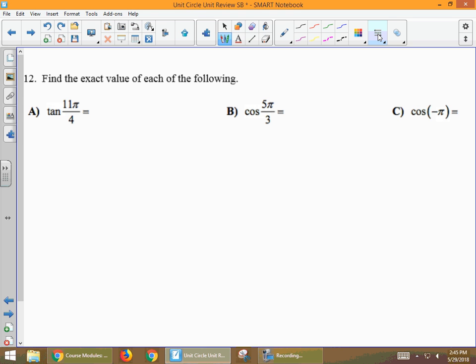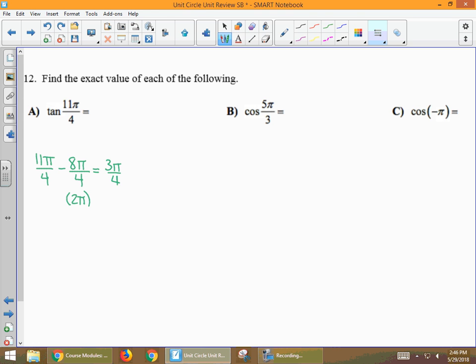All right, tangent of 11 pi over 4. 11 pi over 4 is not on our unit circle, so we need to start by finding the coterminal angle. We're always going to add or subtract 2 pi. Here we need to subtract 2 pi, and in fourths, 2 pi is 8 pi over 4. 11 pi over 4 minus 8 pi over 4 is 3 pi over 4.